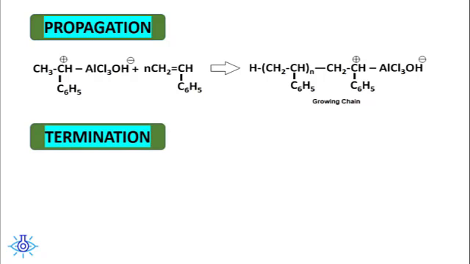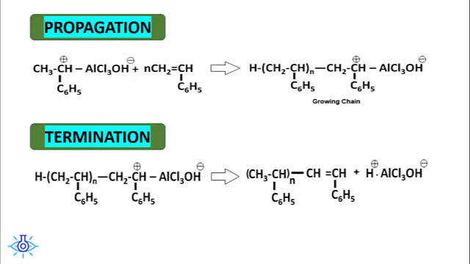The last step is termination. Termination of the growing chain involves removal of the catalyst by addition of a proton to the counter ion. A proton from here adds to the counter ion.